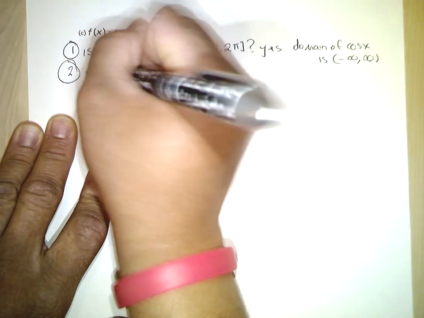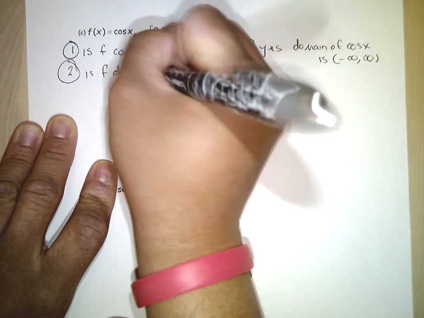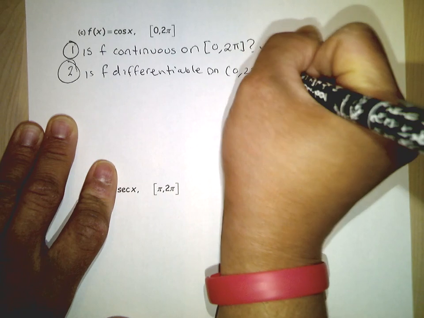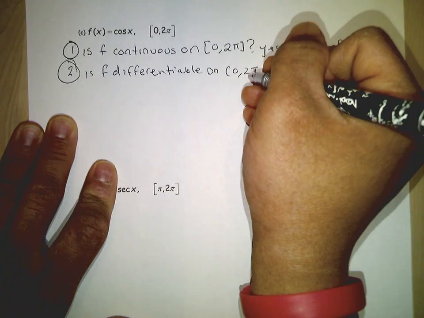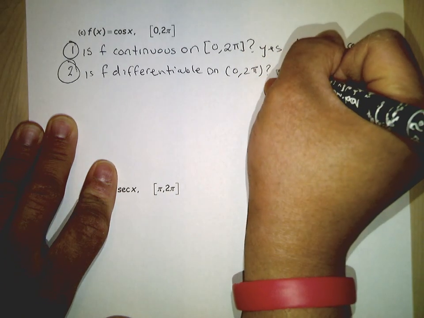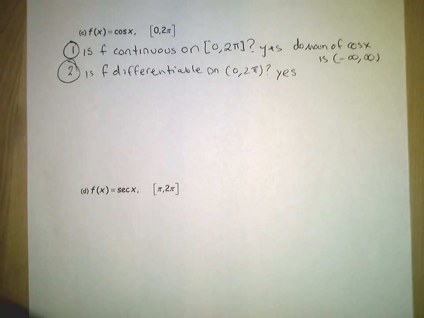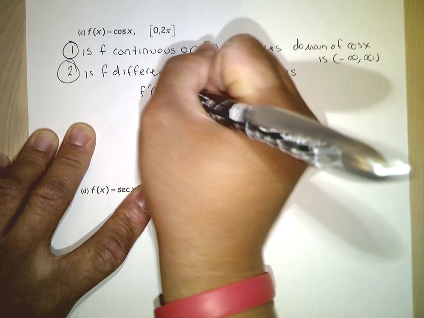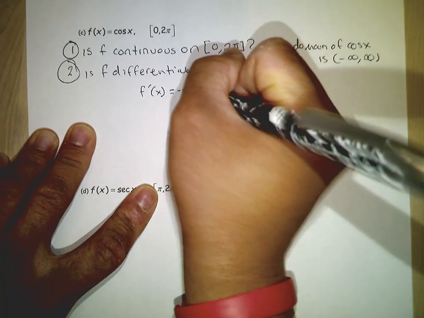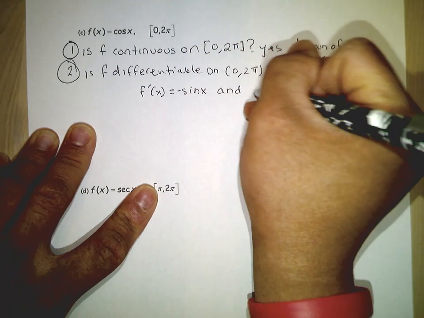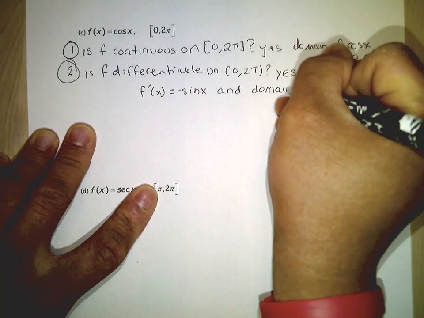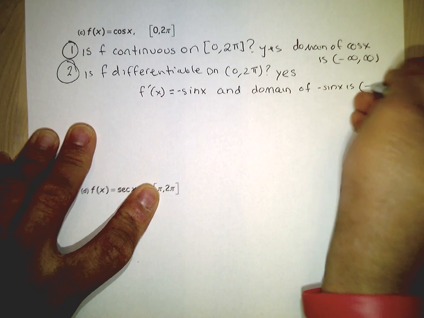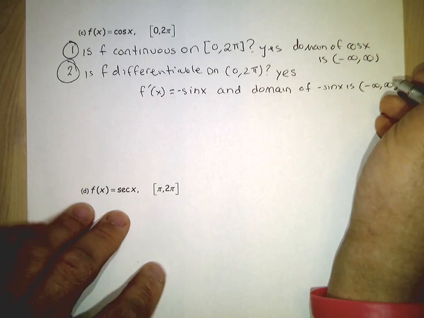And so is f differentiable on the open interval from 0 to 2 pi? Well, yes, because if you notice, f prime of x is negative sine of x, and the domain of negative sine of x is also negative infinity to infinity.